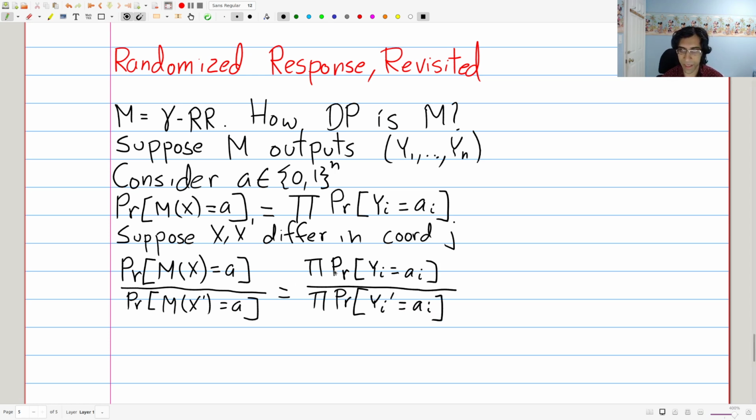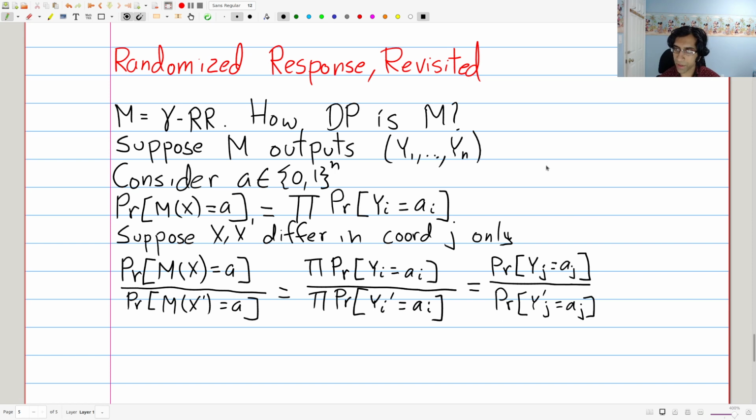Now, the convenient thing is that almost all of these terms will cancel because they differ in only coordinate j. So this is going to be equal to the probability that y_j is equal to a_j divided by the probability that y prime j equals a_j.